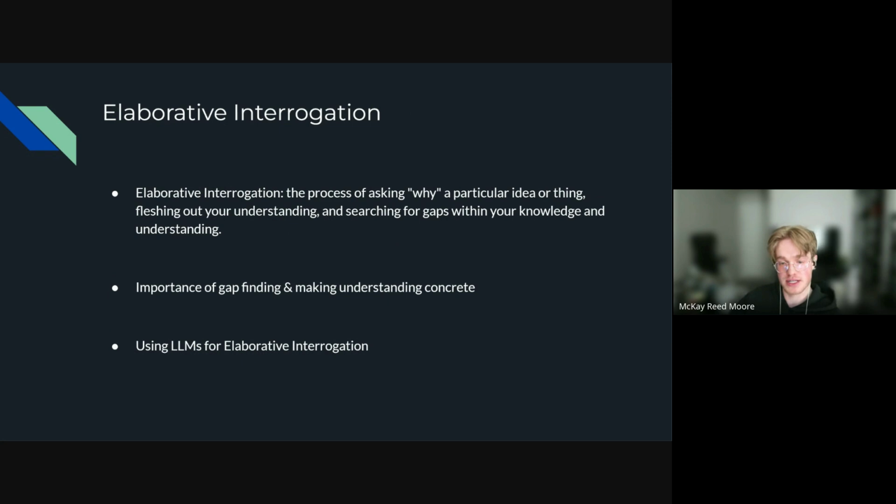So I guess I'll just read this. It's the process of asking why on a particular idea or thing, and it helps you flesh out your understanding and search for gaps in your knowledge.